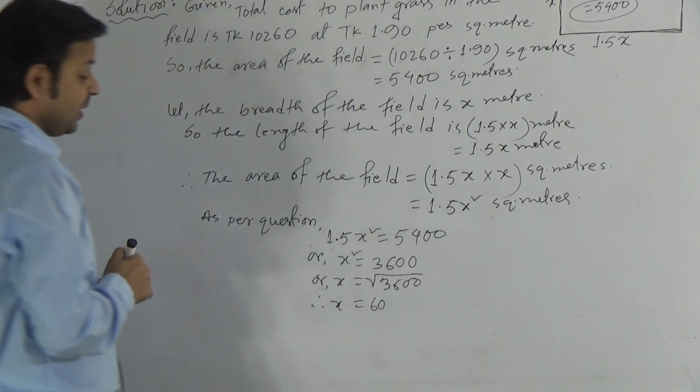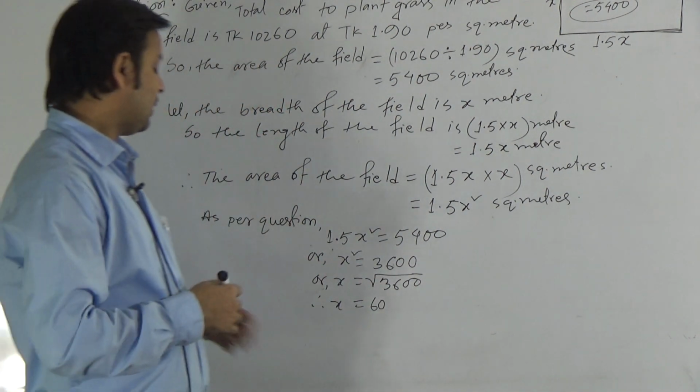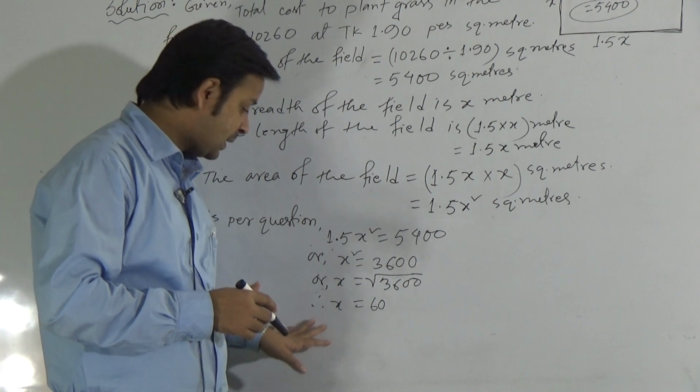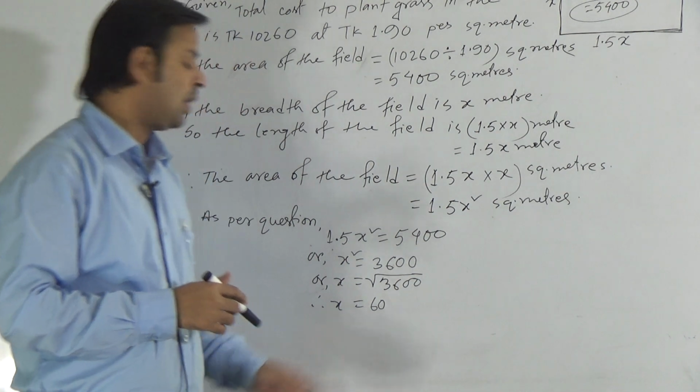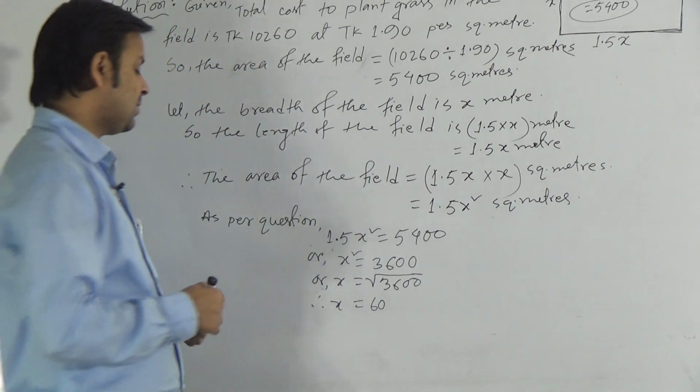It means the breadth of the field is 60 meter and the length of the field must be 1.5 into 60.